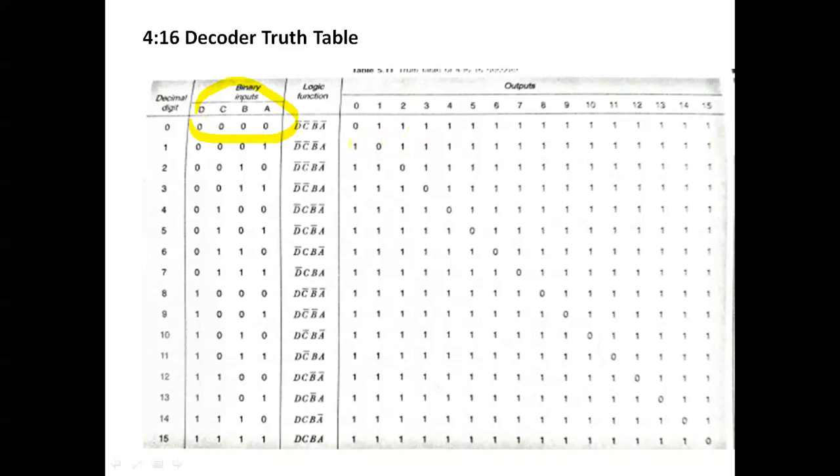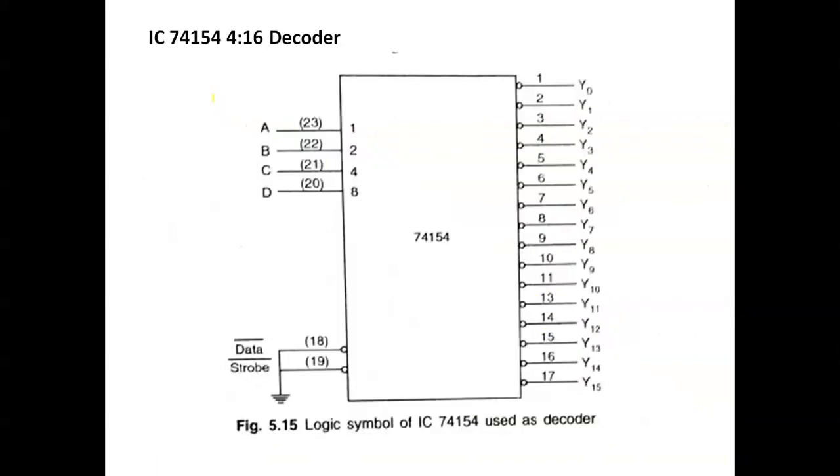A, B, C, D give the value of the decoder, and the decimal digits are shown, the data 0 to 15. That part is different, but other places are the same. Previously we had ones, here also it is 0. So this is the 4 to 16 decoder.